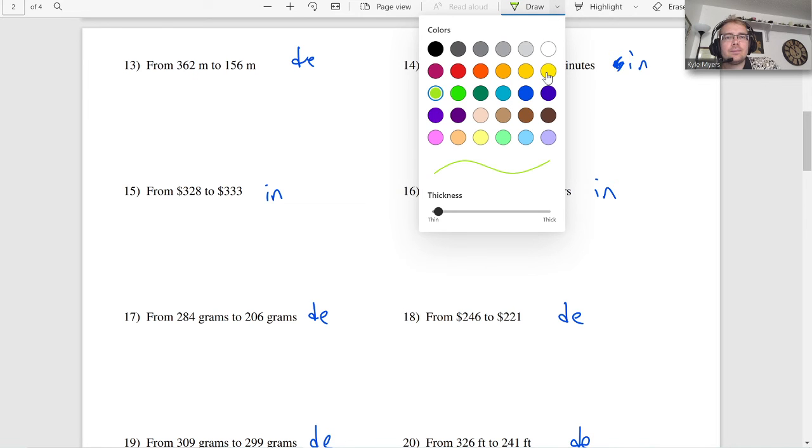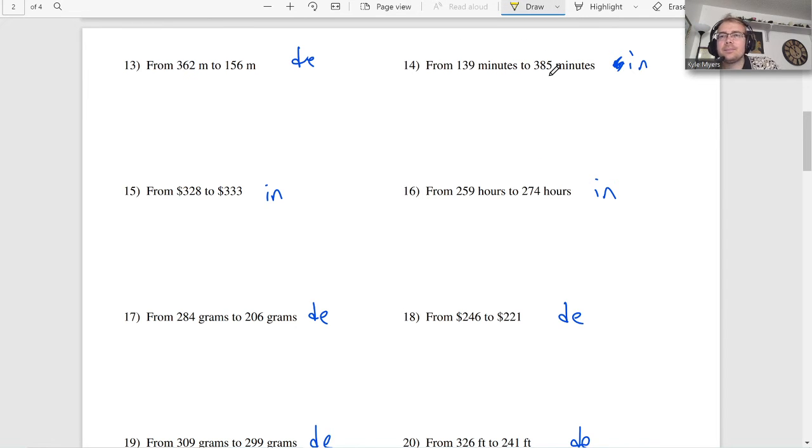Okay. Let's see. Change color again. We're on yellow this time. 156 divided by 362. I get 0.430. Again, I'm just using the first 3 digits. I'm not rounding yet. I'm just writing out the first 3 digits so that I can round.